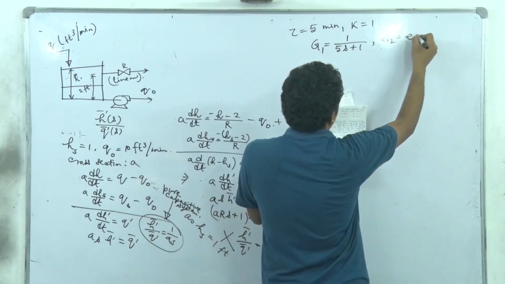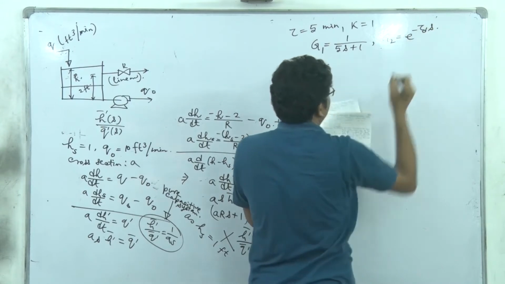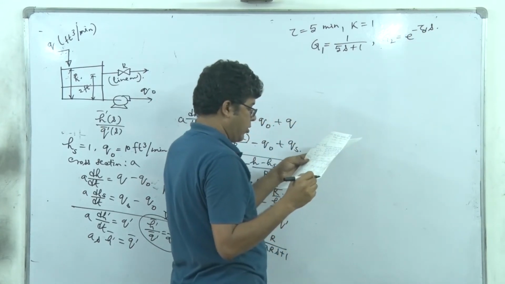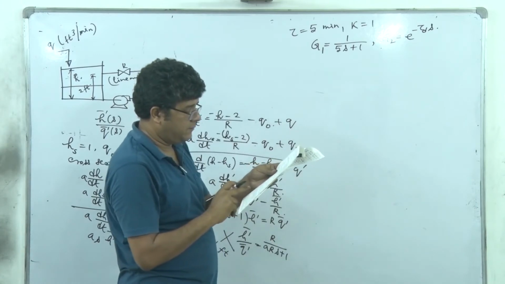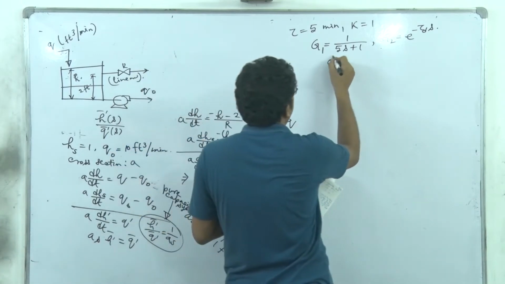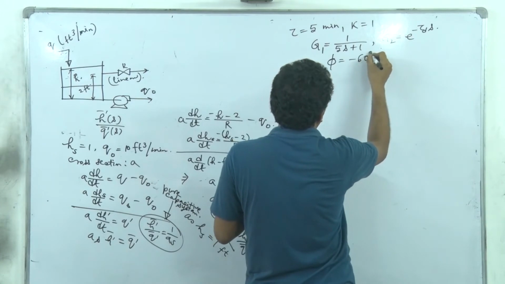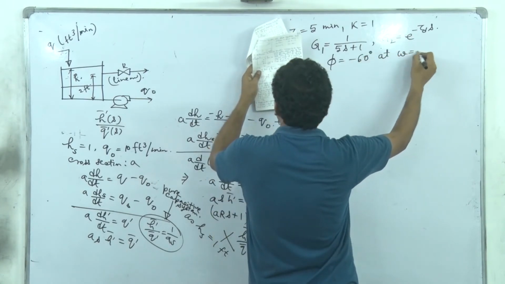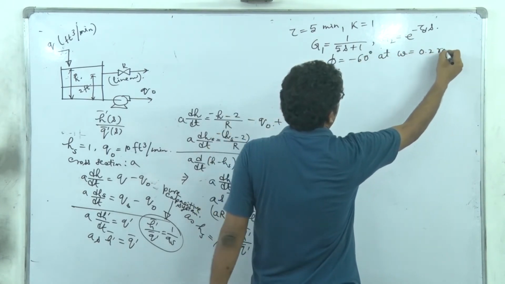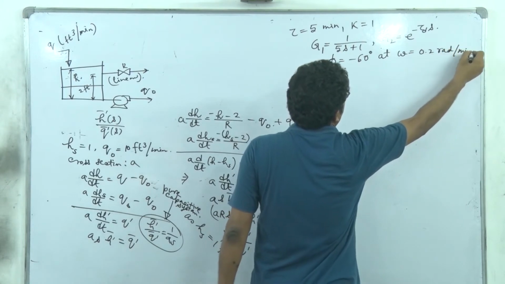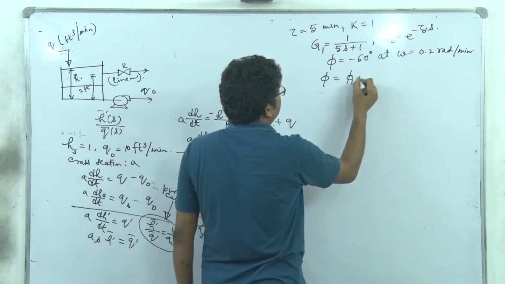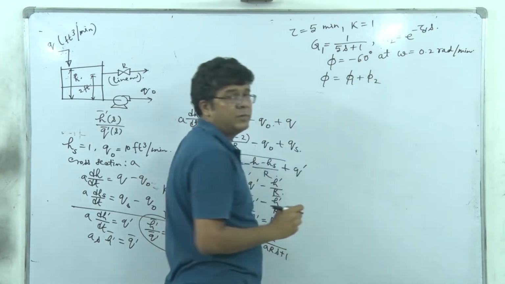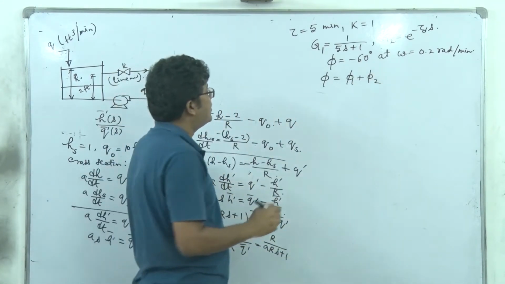And dead time is e to the power minus tau d s, that we know. Now what is given? The corresponding phase lag phi is equal to minus 60 degrees at omega equal to 0.2 rad per minute. Phi, from these non-interacting capacities, will be equal to the sum of the individual contributions.